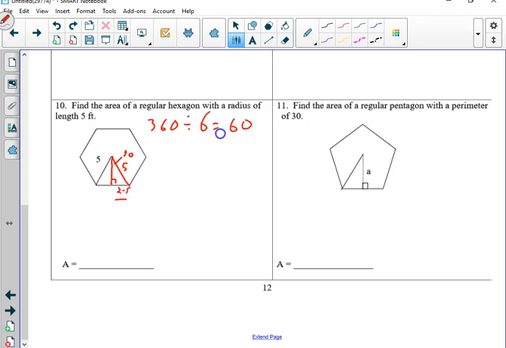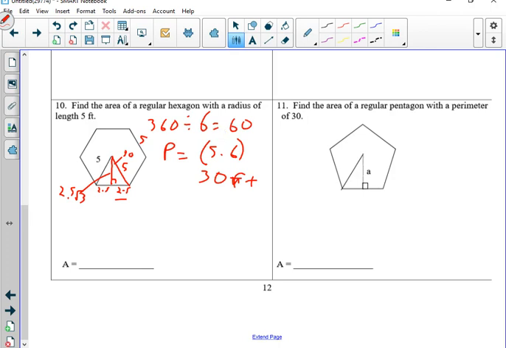So that makes this 2.5. Which makes the height 2.5 radical 3. That's the apothem. So the perimeter, this is 2.5, this is 2.5, that means each side is 5. So the perimeter is 5 times 6, which is 30 feet.